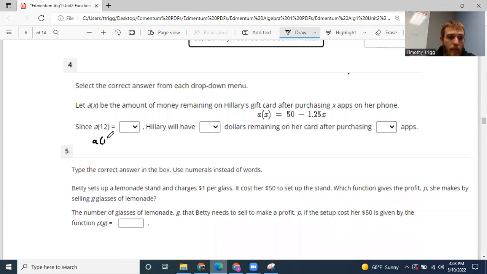So A of 12 is going to be 50 minus 1.25 times 12. Okay, so go ahead and calculate what this is to figure out what goes here. Keep in mind, you do this multiplication first before you do the subtraction. All right. Once you have that answer, that means Hillary will have blank dollars remaining on her card after purchasing blank apps. Okay, so figure that out.